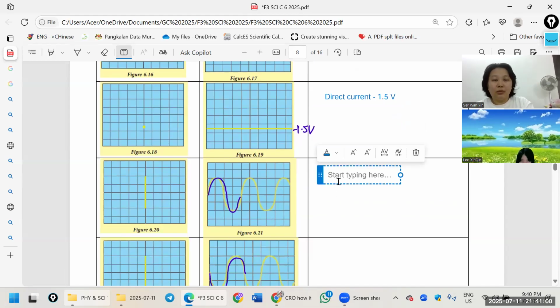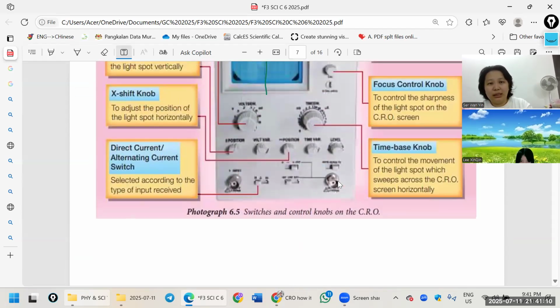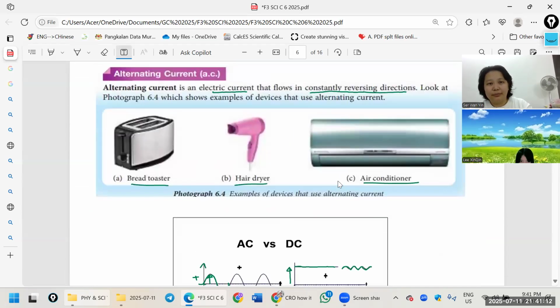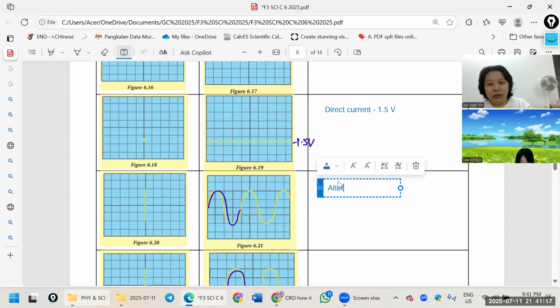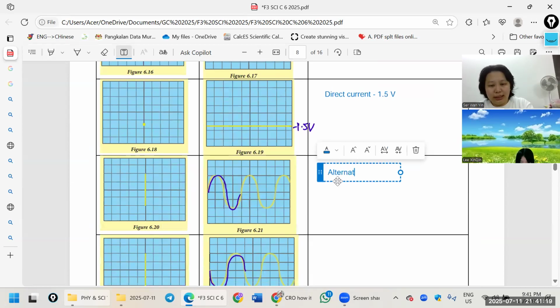Then this one, what do you think? What current? Alternating current. Okay, so this is alternating current.